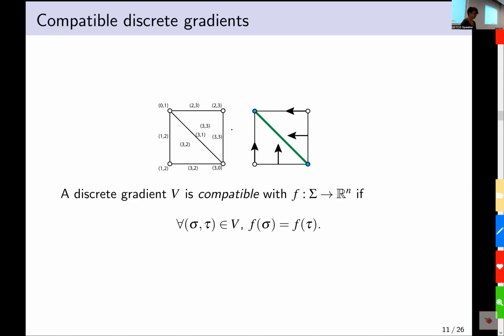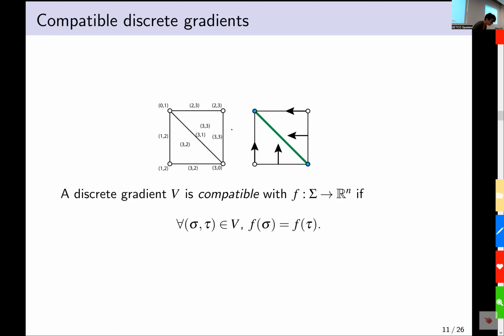So I need to accept only discrete gradients that are compatible with the given function. And compatibility means that if the gradient V pairs sigma and tau, the value of the function on sigma and tau needs to be the same.